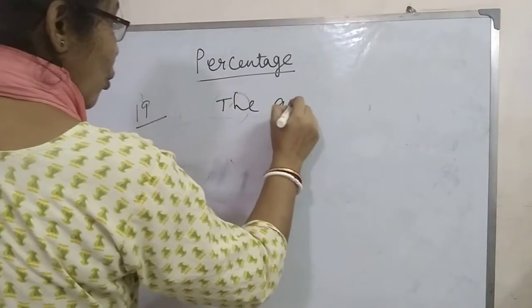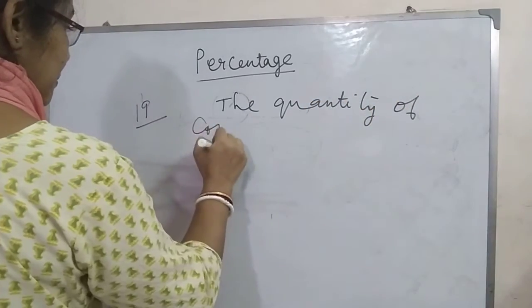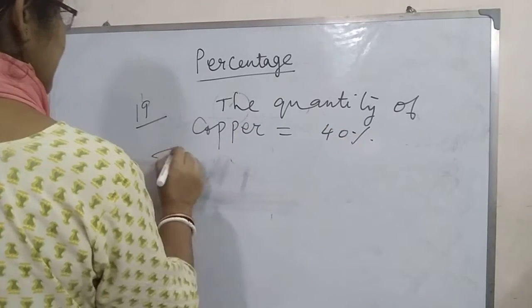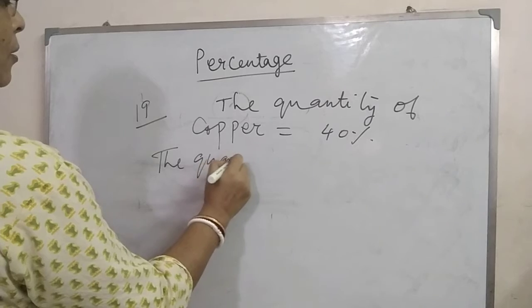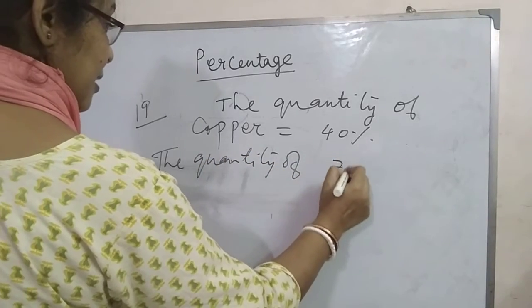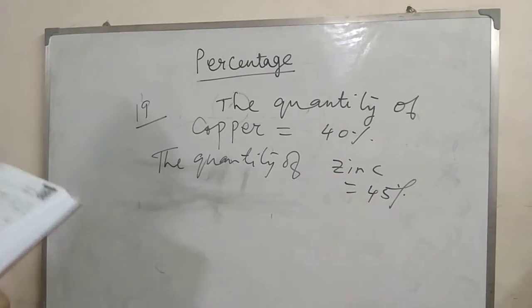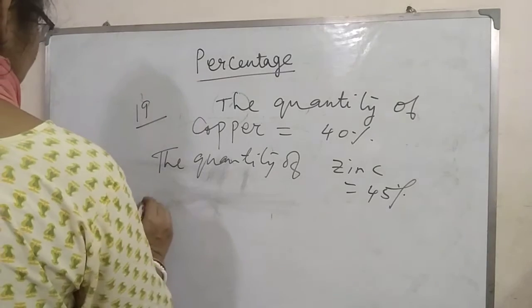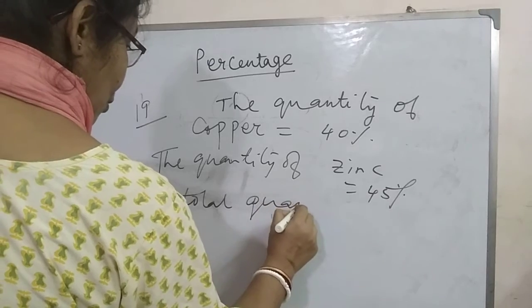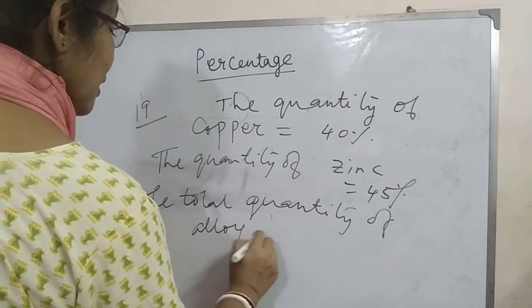The quantity of copper equal to 40%. The quantity of zinc equal to 45%. The total quantity of alloy equal to 100%.